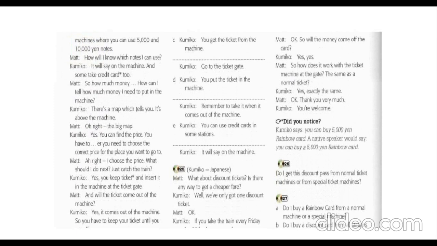So, how can I tell how much money I need to put in the machine? There's a map which tells you. It's above the machine. Oh, right. The big map. Yes, you can find the price. You need to choose the correct price for the place you want to go to. All right. I choose the price. What should I do next? Just catch the train? Yes, you keep the ticket and insert it in the machine at the ticket gate.